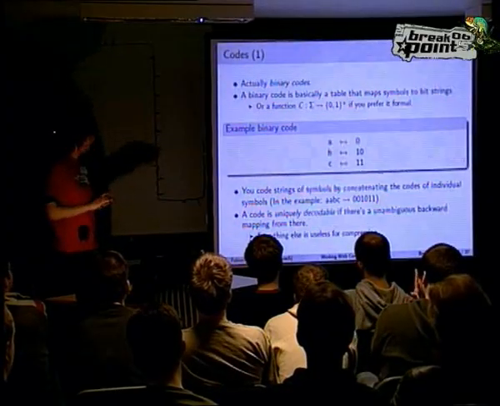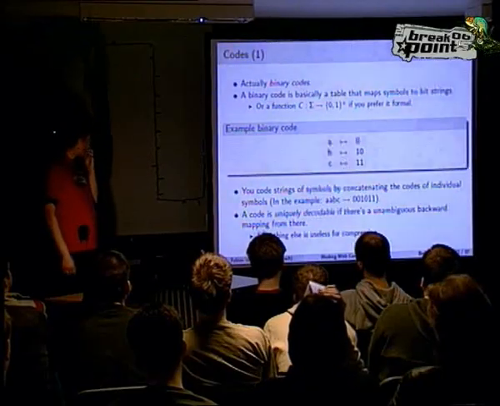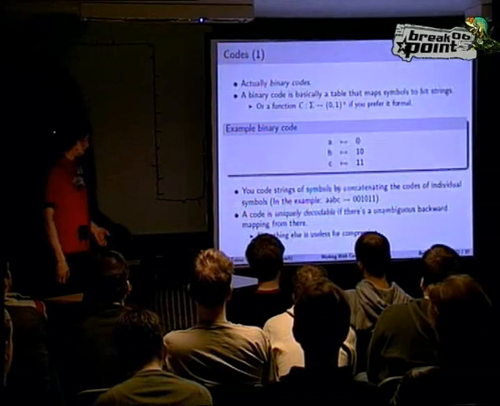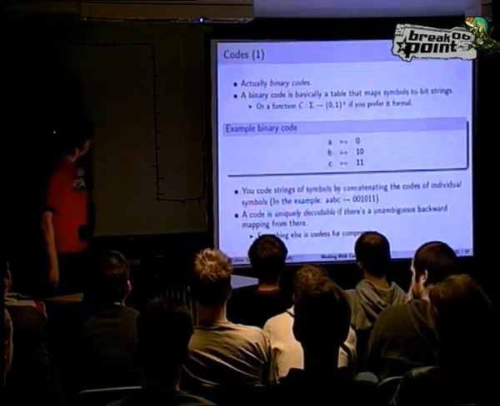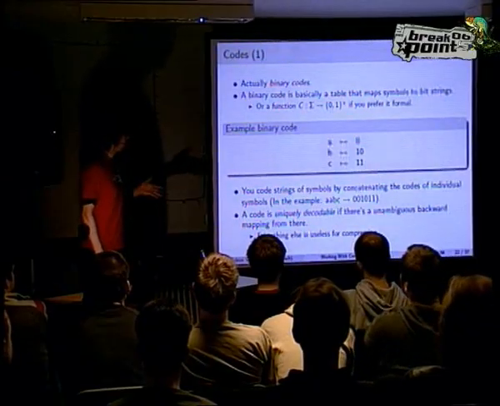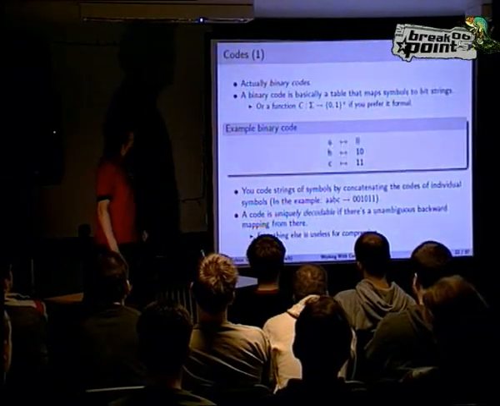Actually, I'm not talking about an arbitrary type of coding, but so-called binary code. Binary code is just a table like this one here, which tells you which character, which symbol gets mapped to which bit string. This would be a certain example.